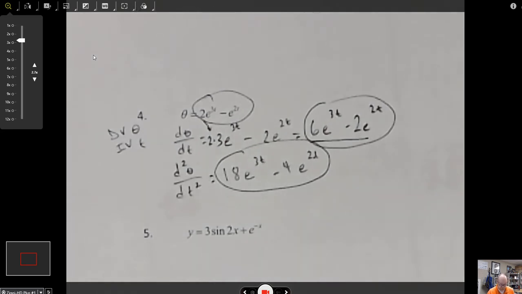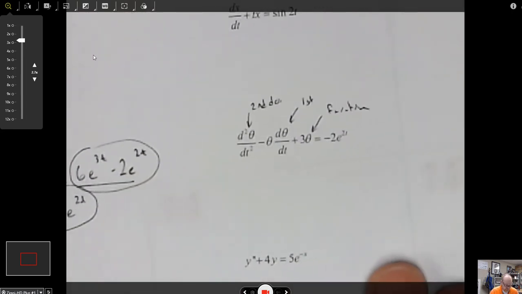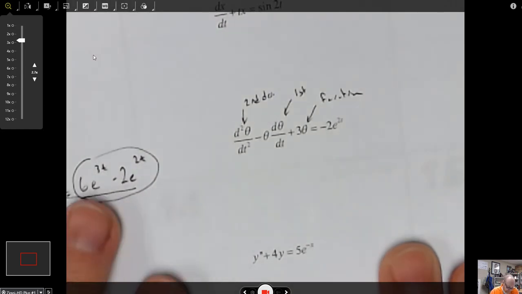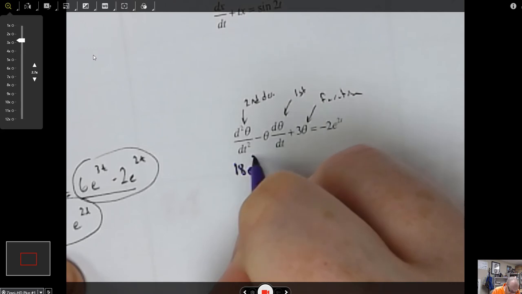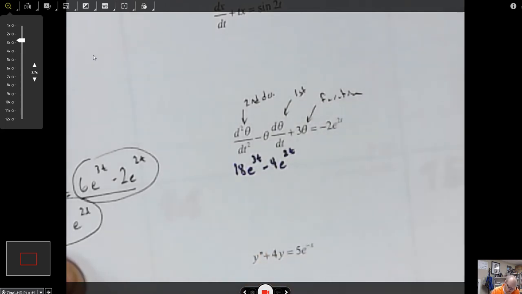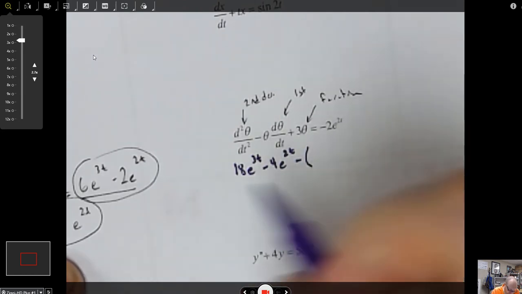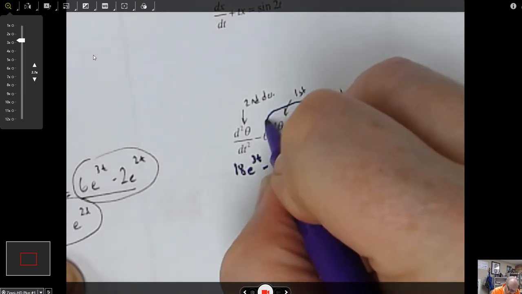So the differential equation says the second derivative looks like 18e to the 3t minus 4e to the 2t. And then it's got minus theta. Well, I know what theta is. That was the original. I've actually got a couple of places to substitute that in.